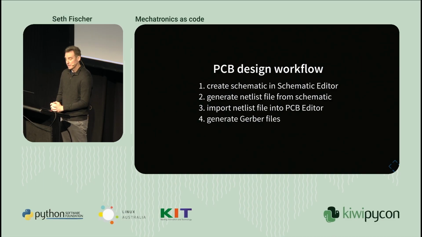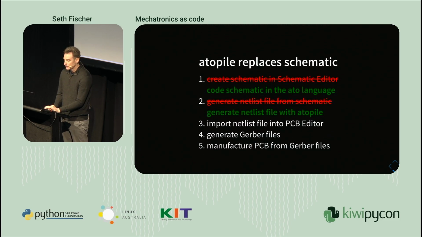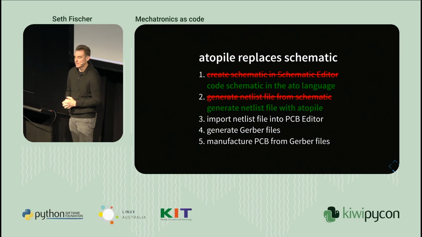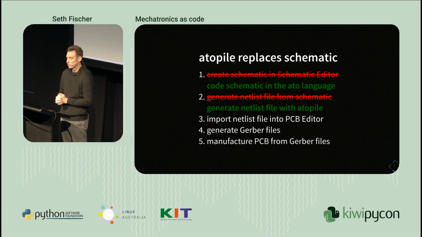You lay out your PCB and then you generate some Gerber files which can be sent to JLCPCB or somewhere for manufacture. Now, Atopile replaces the schematic in the traditional workflow. So rather than dragging and dropping components, the circuit is defined in Ato code. And then the role of the Ato compiler is to convert your Ato code to a netlist. And then the rest of the process is the same traditional process.